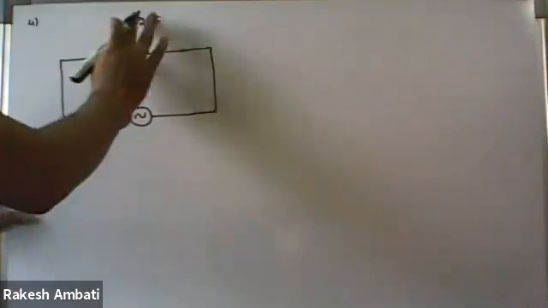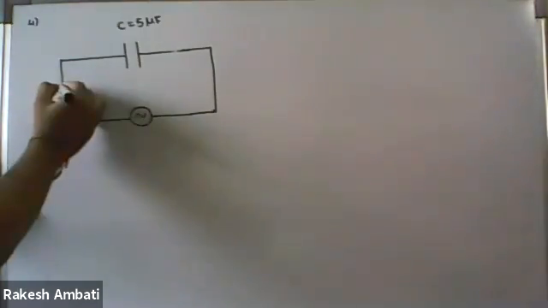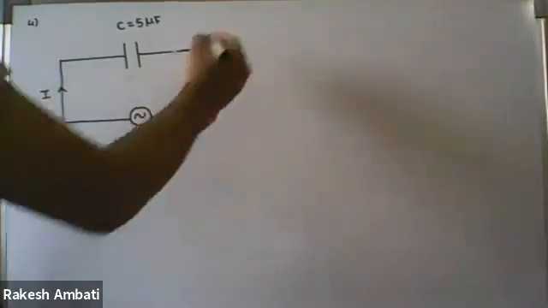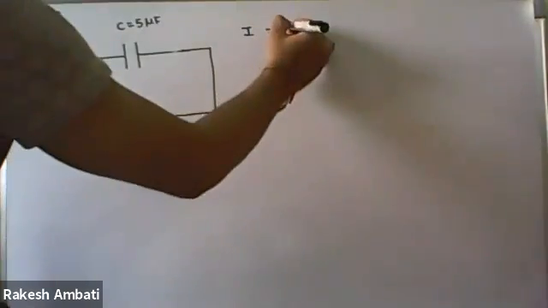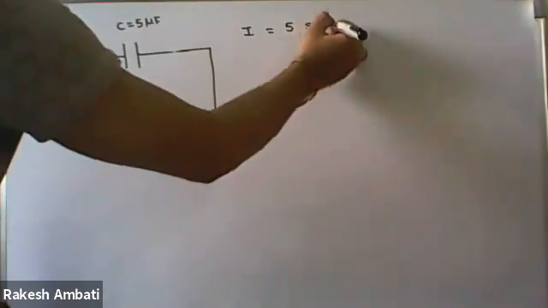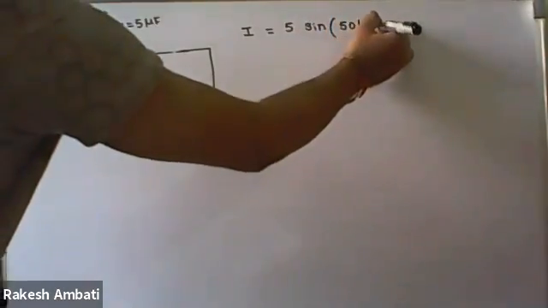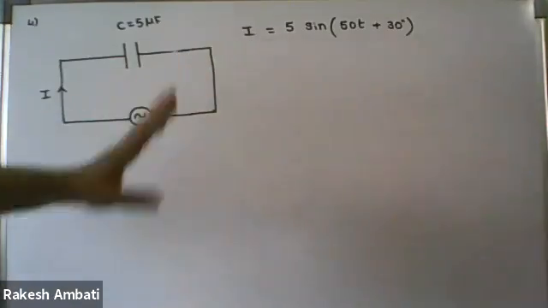Same, purely capacitive circuit. Capacitance is 5 microfarad, and in the question the current I is given as 5 sine of 50t plus 30 degrees. So the current equation is given.